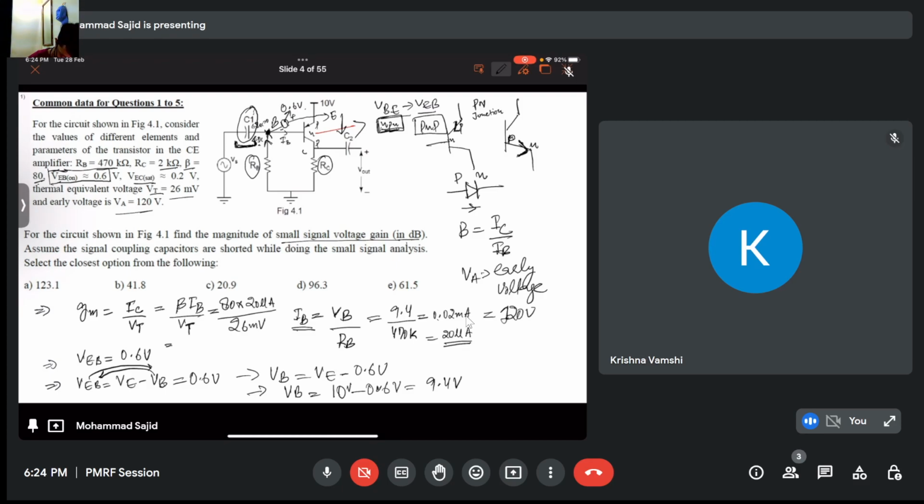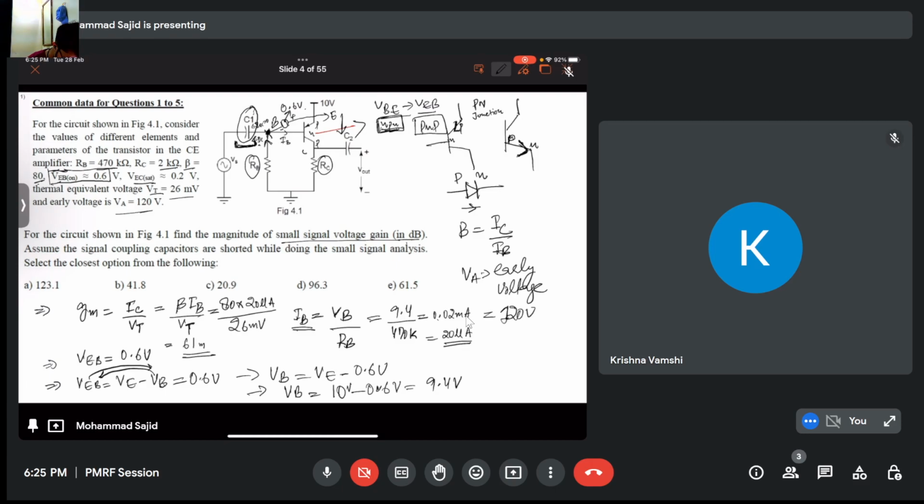It comes out to be around 61.53 milli. Let's verify. 1600 divided by 26 comes out to be around 61 milli. We can write it as around 61 milli.